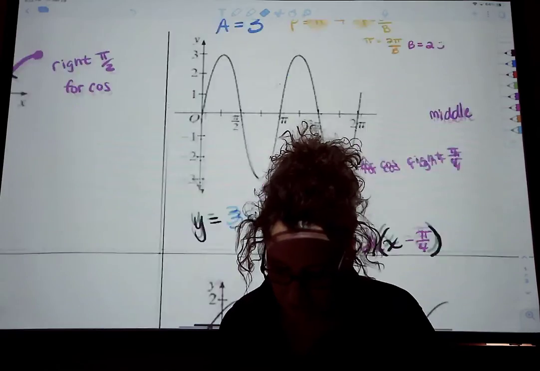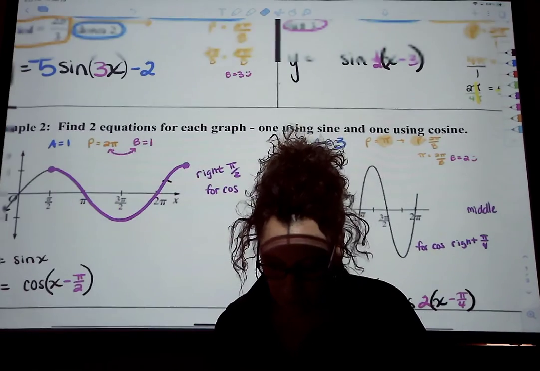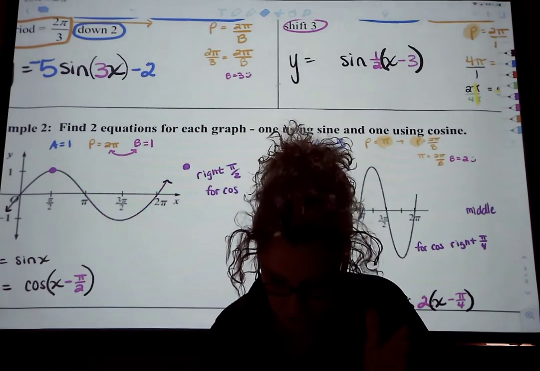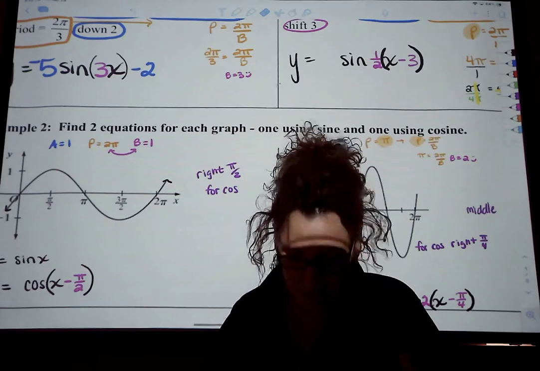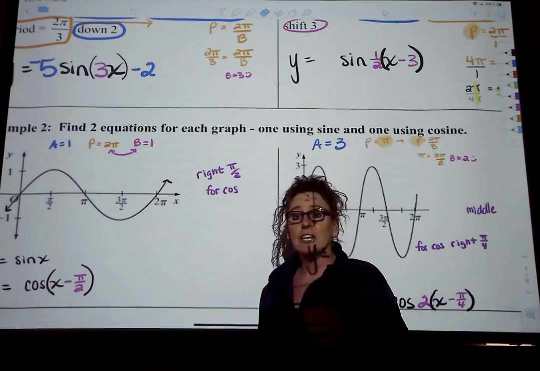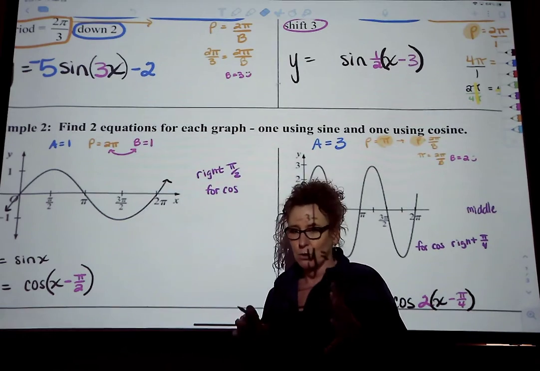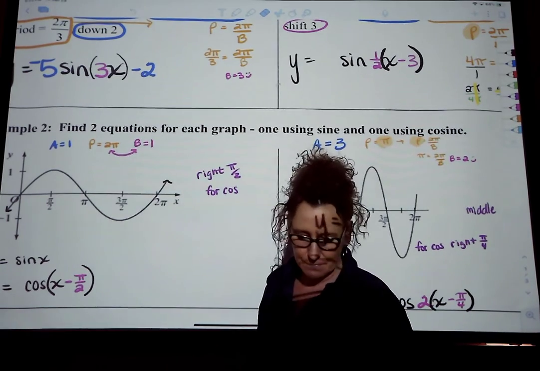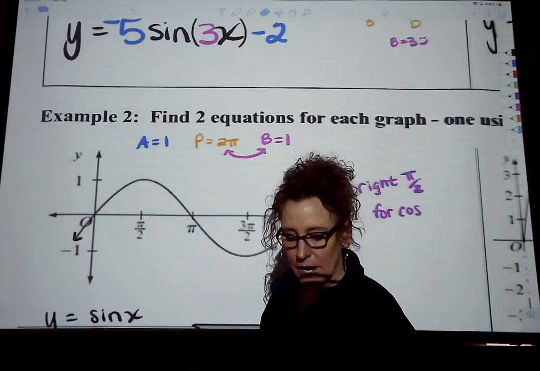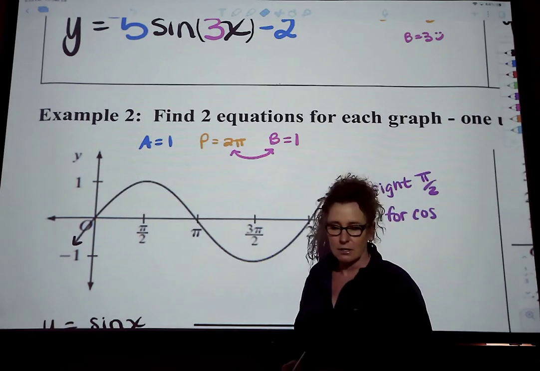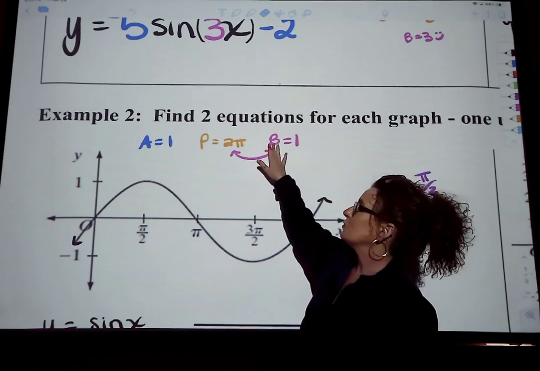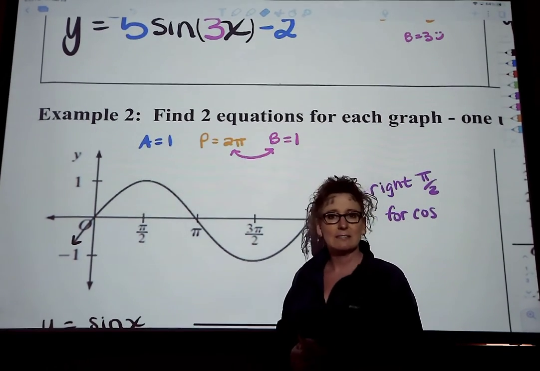Also, let me throw this in there, and I don't want to confuse you or try to get you to use a shortcut if you're not quite understanding. Let me throw this in there for you mathy people who are really picking up on this. Do you remember how 2 videos ago, I told you that B represents the frequency?